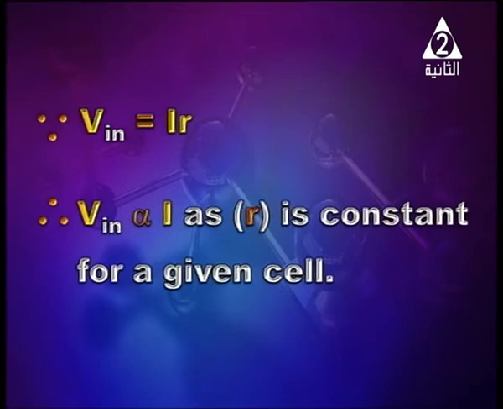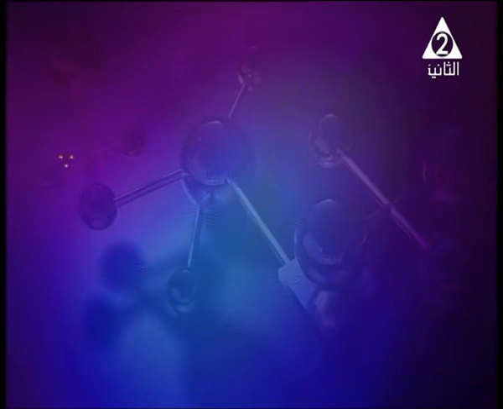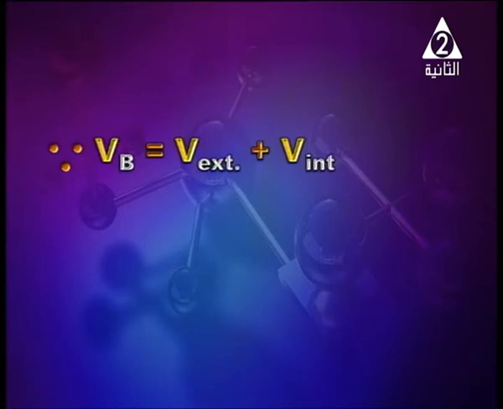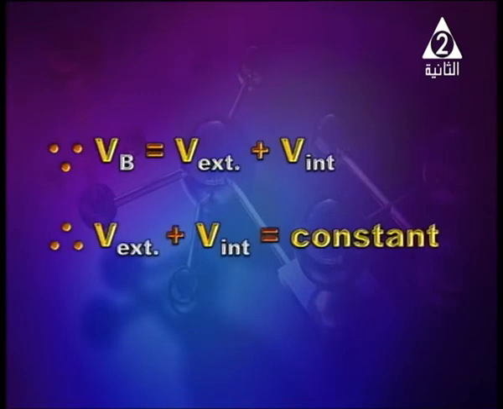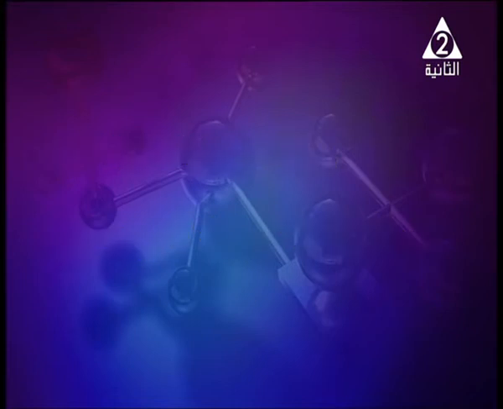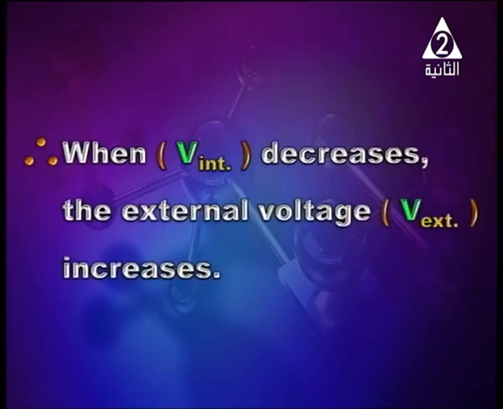R small is constant for a given cell. V battery equals V external plus V internal, so external voltage plus internal voltage equals a constant. So when internal voltage decreases, the external voltage increases.